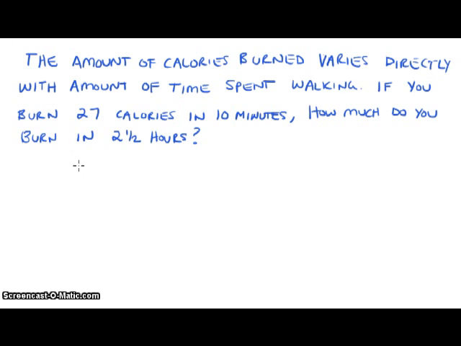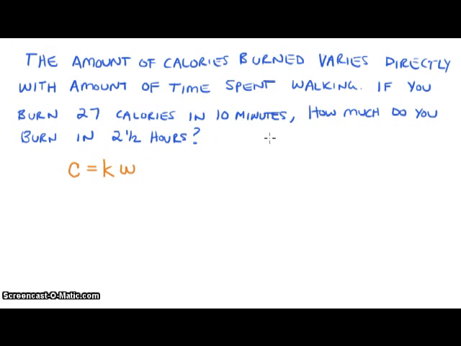And so we can say that the number of calories varies directly with walking, with how much you walk. So we would get C equals KW. Now, if you use something else, like burn equals or varies directly with time and you use T and B, that's fine. It doesn't matter. Just as long as your variables mean something to you and you know that this C is going to go with calories burned and this W is going to go with walking or time spent walking.